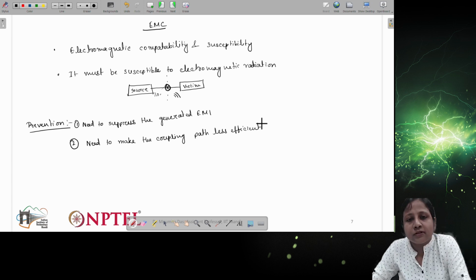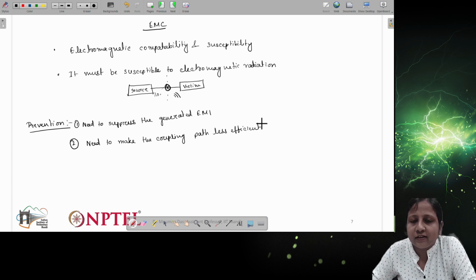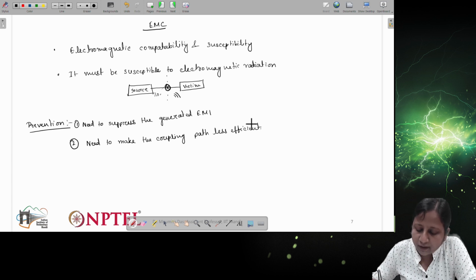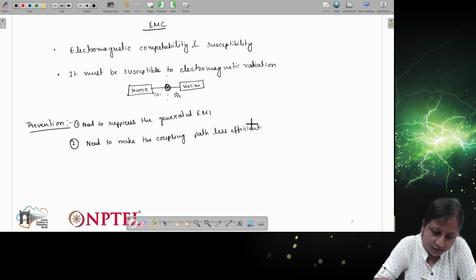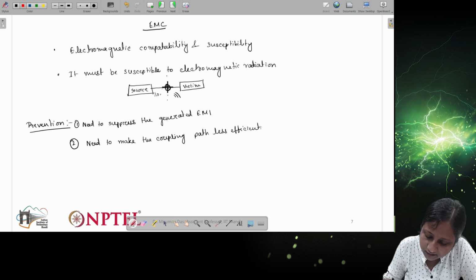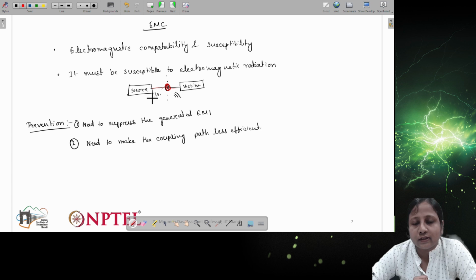Previously I have discussed coupling in PCB, right? Their coupling can be inductive, capacitive, or magnetic. Here you see between the source and the victim, this is the coupling path. Whatever coupling path is causing this radiation or noise to go from the source to the victim, that part we have to make less efficient.